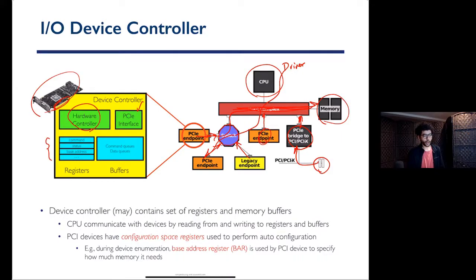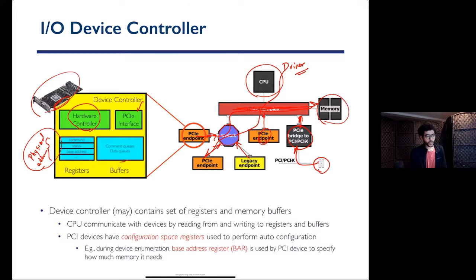Now, the device usually has some registers. These registers are mapped to physical addresses. So when I said that the device driver talks to the device, usually it's through writing to these registers. So it sends commands to these registers.